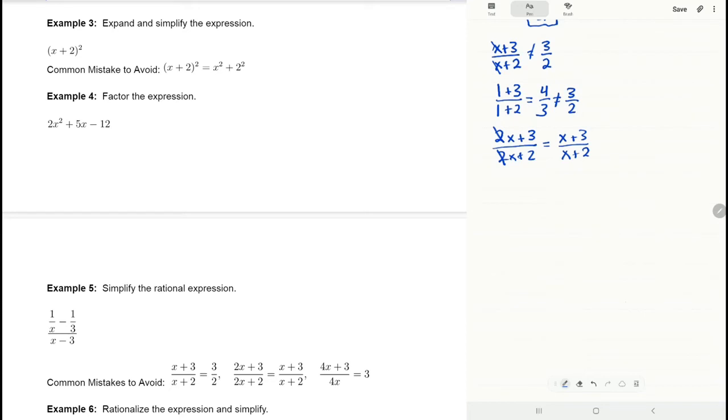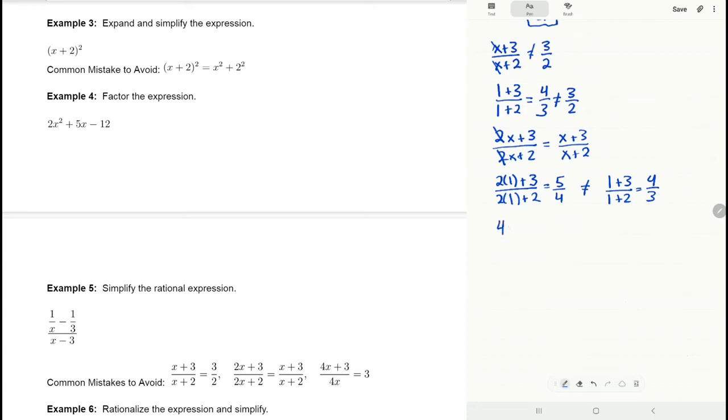Now again, if we choose any value of x, so let's say 1, we have 2 times 1 plus 3 over 2 times 1 plus 2. This will give us 5 over 4, whereas on the right-hand side, if we choose 1 for x, what we have is 1 plus 3 over 1 plus 2, which is 4 over 3. And now these values are not equal.